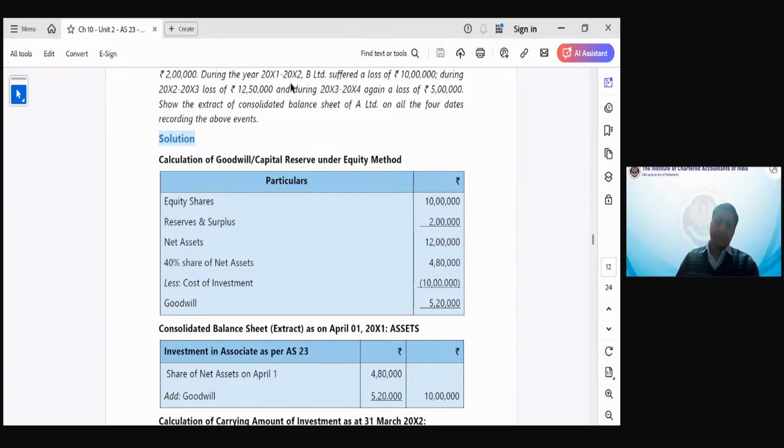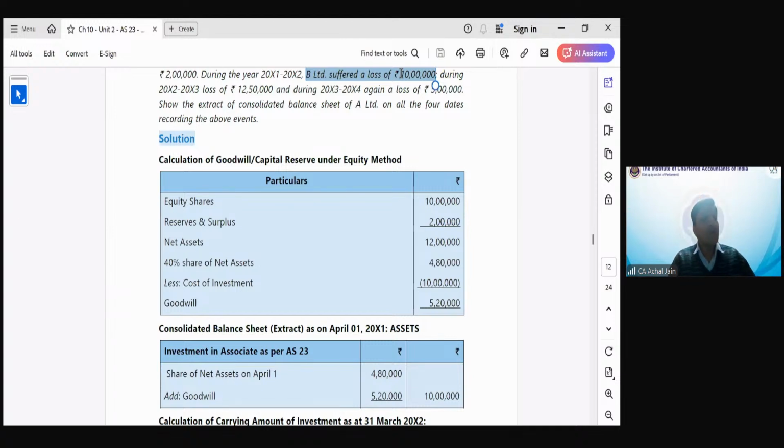Okay. Now let's move on to the end of reporting year 1. At the end of reporting year 1, there is a loss of 10 lakh. It says B Limited suffered a loss of rupees 10 lakhs.